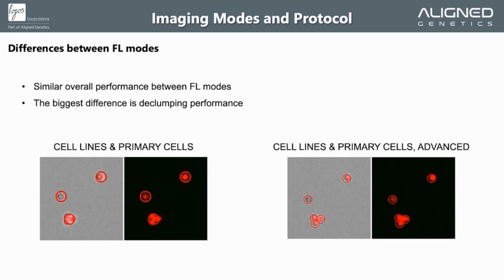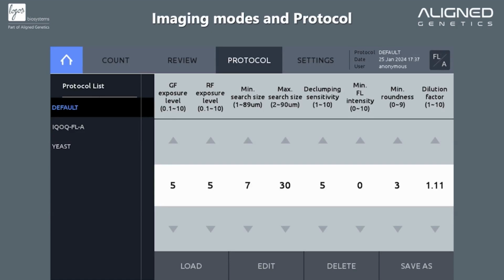Therefore, we recommend using advanced mode for improved accuracy and declumping performance when performing nuclei quality assessment. And let's say you chose advanced mode, and you will see a default protocol under the protocol tab. In most cases, the default protocol worked well with nuclei samples overall.